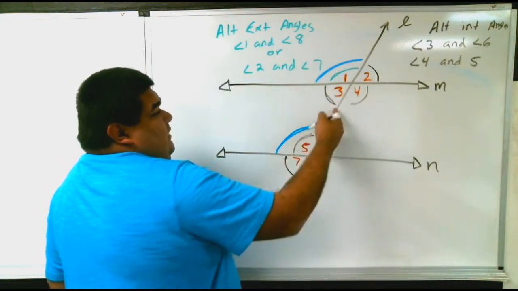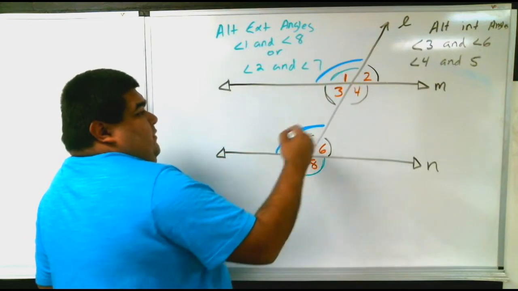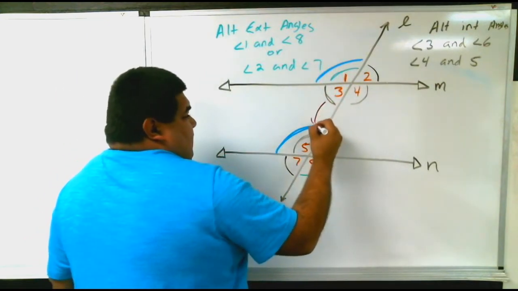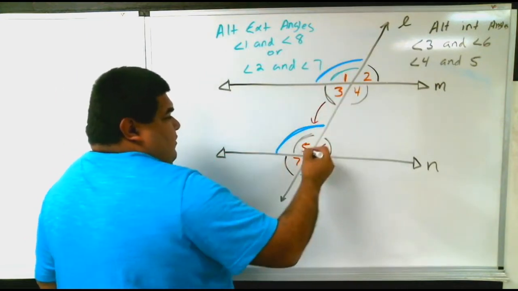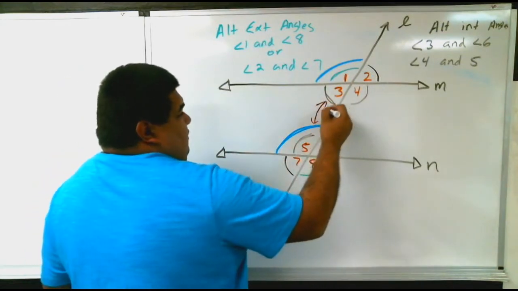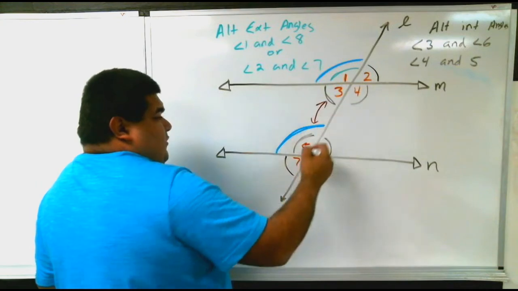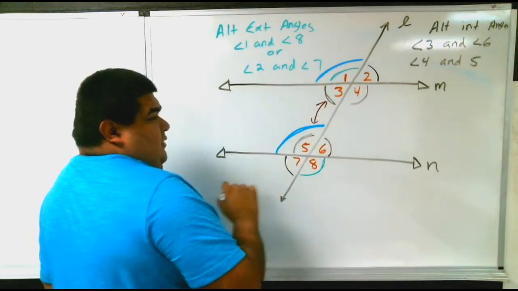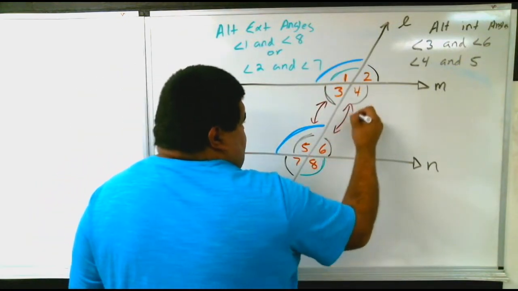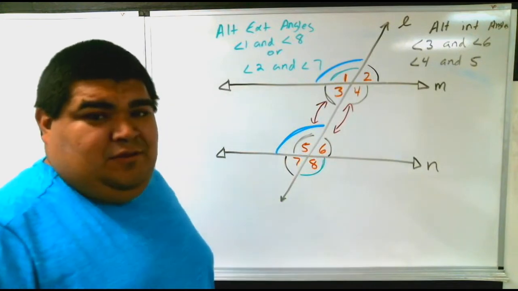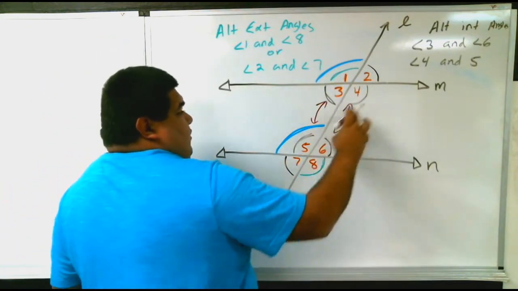Well, there's this line that cuts through them. But 3 and 5 are next to each other. So 3 and 5 are consecutive because they're on the same side. Therefore, 4 and 6 are consecutive interior angles because they're on the same side.